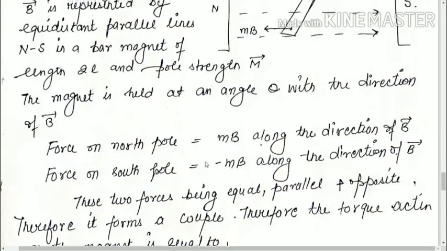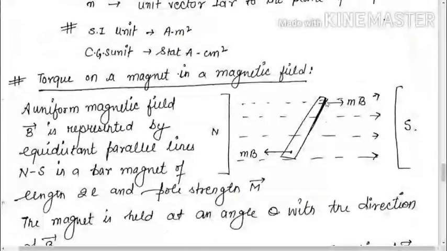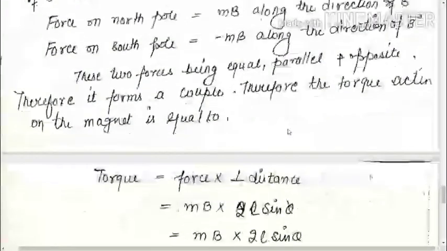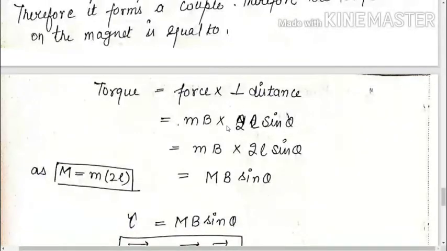If I take the perpendicular distance in the form of a triangle, 2L acts as the hypotenuse with angle theta, and the perpendicular distance will be 2L sine of theta. So MB cross 2L sine of theta.